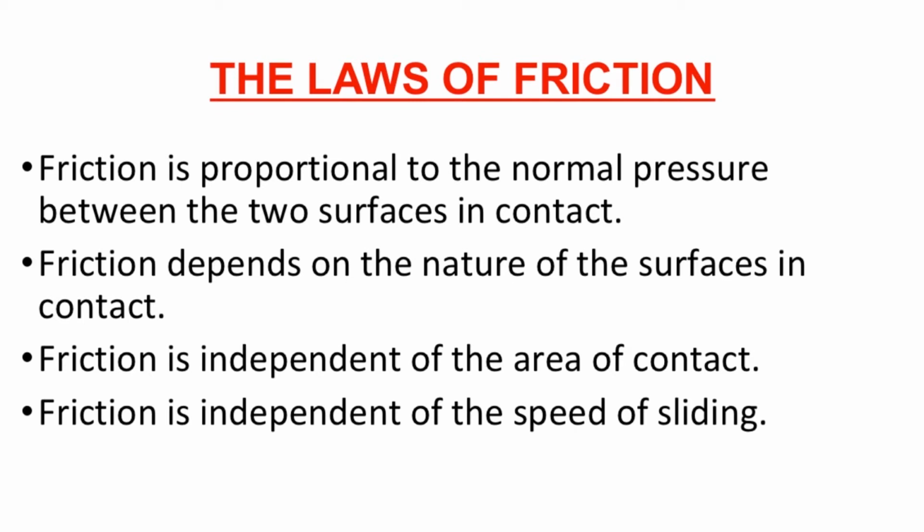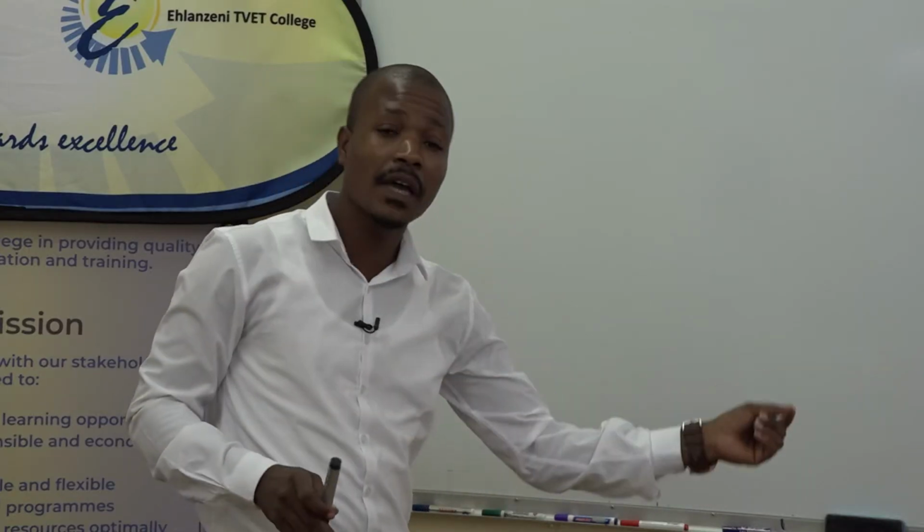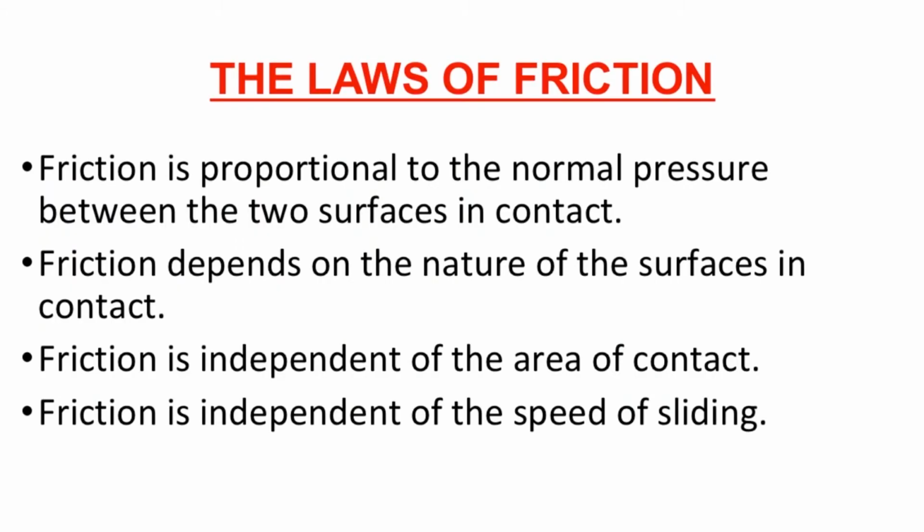The speed with which the object moves doesn't mean the faster the vehicle, the greater the friction, or the slower the vehicle, the lesser the friction. So friction doesn't depend on the speed, it doesn't depend on the area of contact, but friction depends on the nature of the surface. Again, friction depends on the normal pressure which is present there.